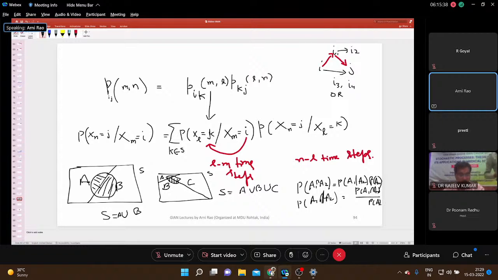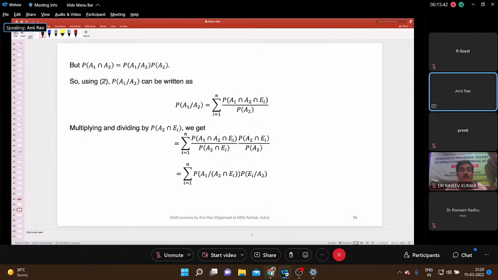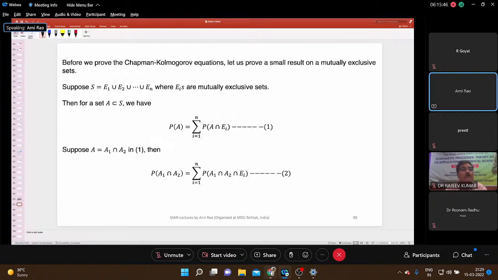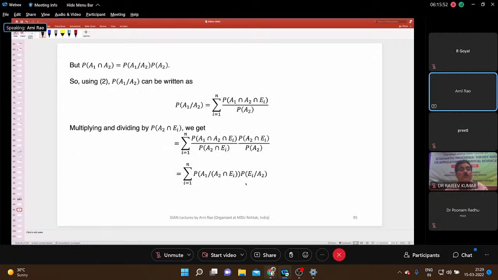So using that result, you bring probability of A1 given A2 into this slide. A1 given A2 by probability of A2. And now expand it: you multiply this equation by probability of A2 intersection EI, just algebraic manipulation, multiply and divide by the same.